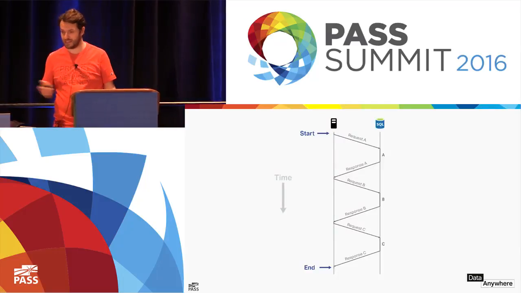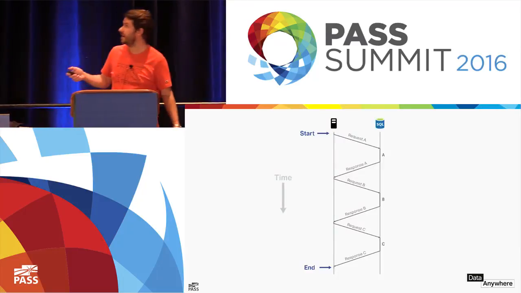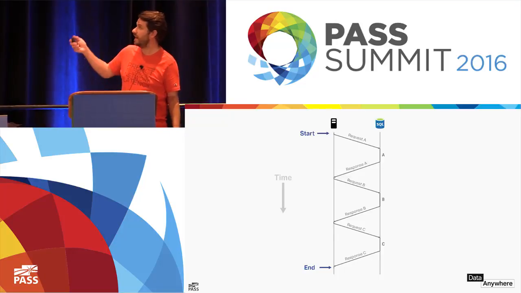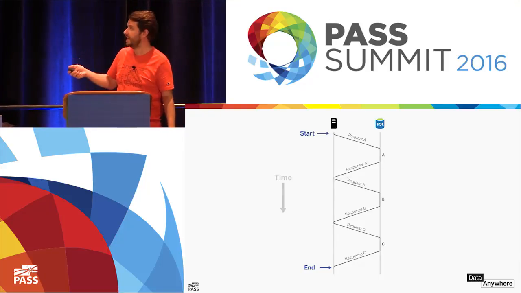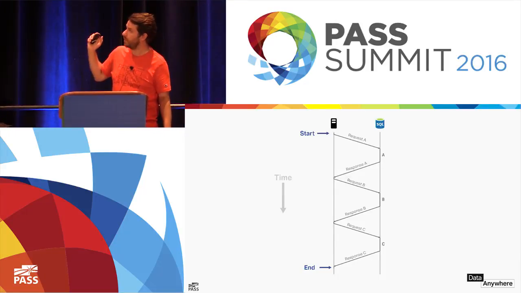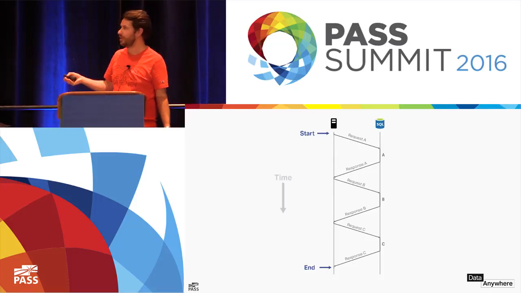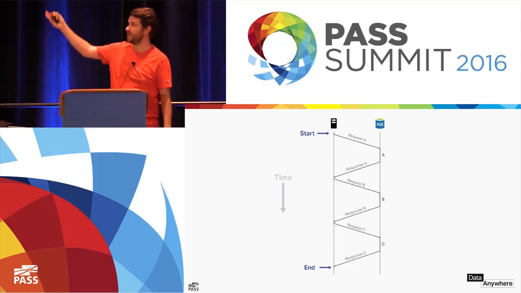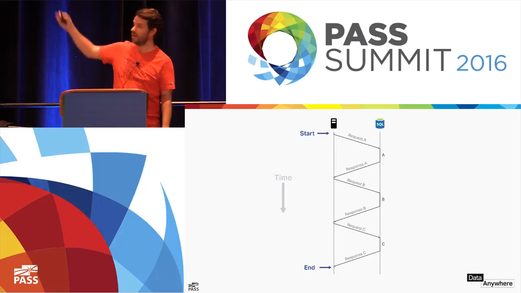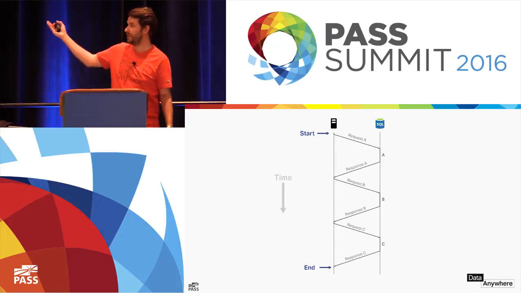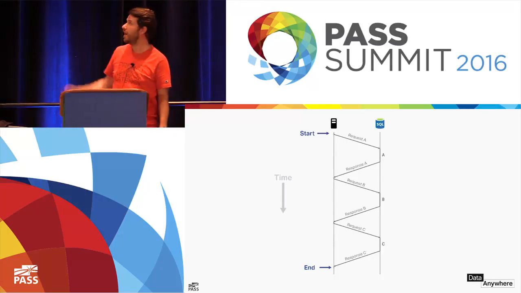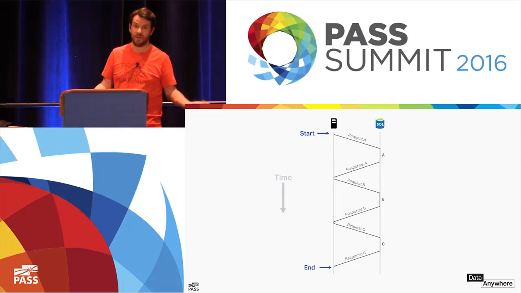To go into a little bit more detail, it's a very simple diagram. This is an application talking to SQL Server, issuing 3 queries, A, B, and C. But the point I want to make is this represents a single operation. If this was a visual application, maybe start is when a button's being pressed and the screen only refreshes once you click end. But it doesn't need to be graphical. It could be an API call.